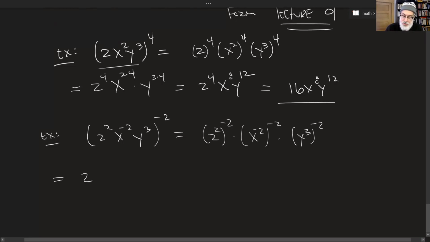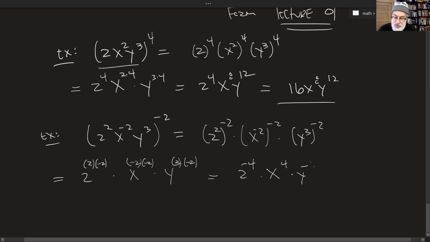Now, the rule says I take 2 times -2, times x to the -2 times -2, times y, and I'm multiplying 3 and -2. So we get 2 to the -4 times x to the 4 times y to the -6.